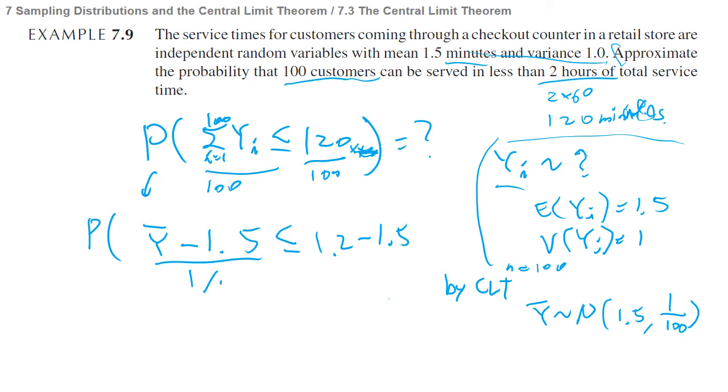So here this is the square root of n. So this part is actually sigma square divided by n. So it's 1 over 1 over 100. And here this is 1 over 10. Okay. Sorry for the confusion here.